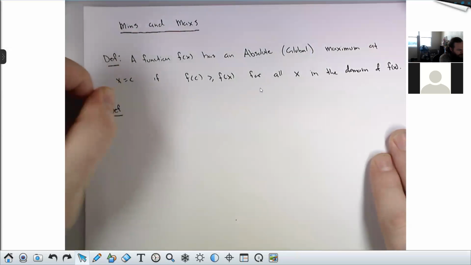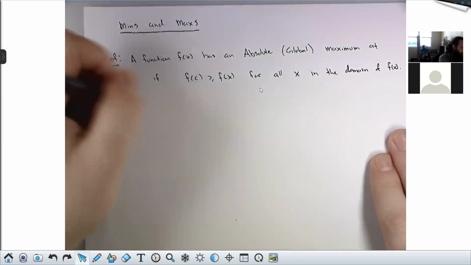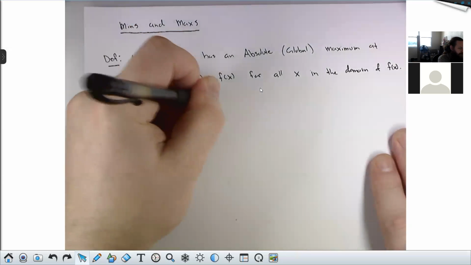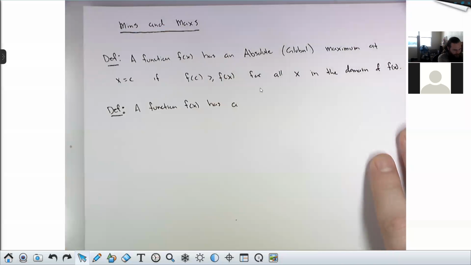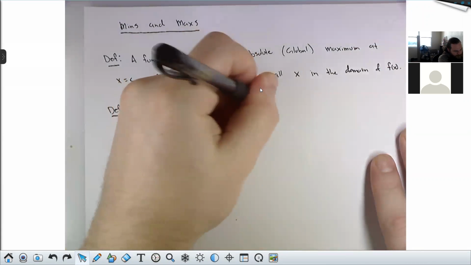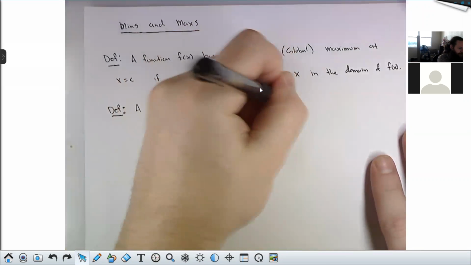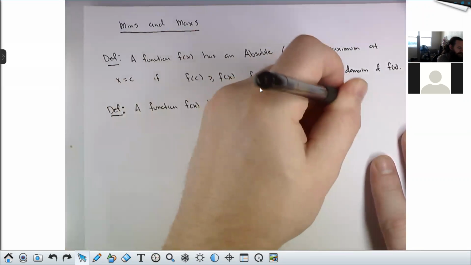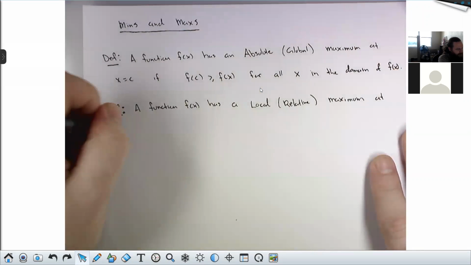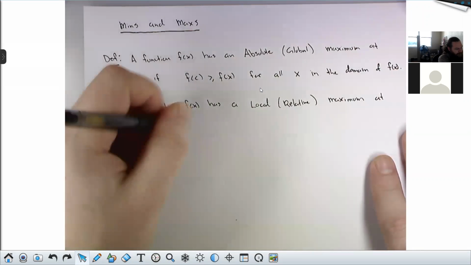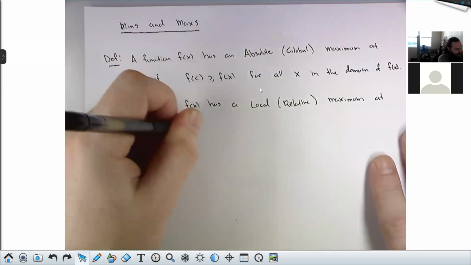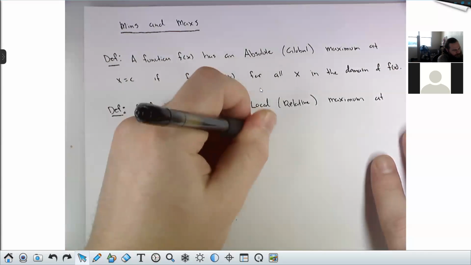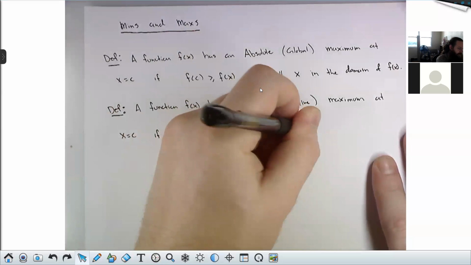Okay, I've got 3 more definitions that look a lot like this. A function f of x has a local, and the corresponding similar term here is relative, max at x equals c if f of c is bigger than f of x for all x near c.